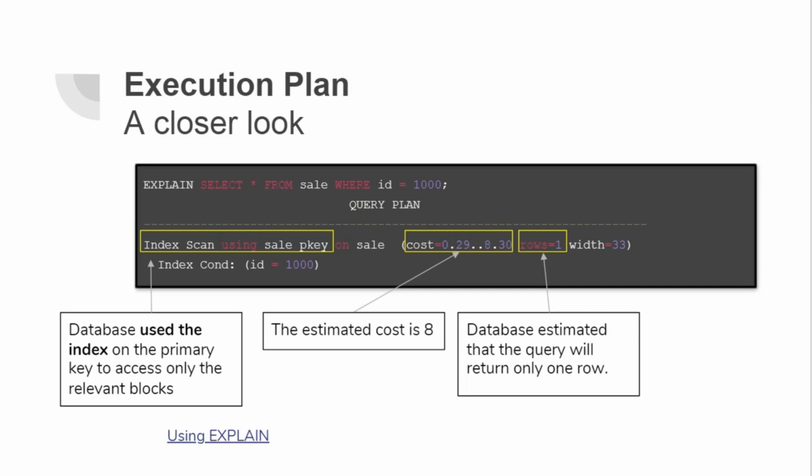If you think about it, the database used the primary key index, and a primary key by definition is unique. So if you fetch a specific ID, which is the primary key, the database knows it can expect at most 1 row. It's either 0 or 1. So this is an example of what a simple execution plan looks like with an index.